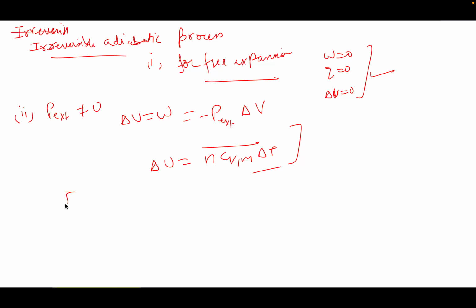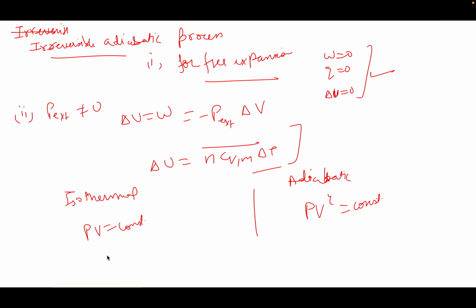Now for isothermal, PV is constant, and for adiabatic, PV to the power gamma is constant. So now if you plot log P versus log V, how will the curve look?